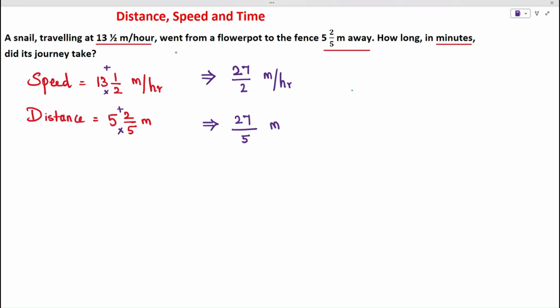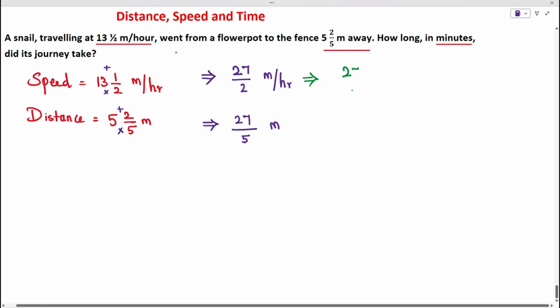What we're going to do is go through the slightly harder route of turning our speed in meters per hour into meters per minute. So to do that, we want to write out our values. So 27 over 2 will be our time in hours.